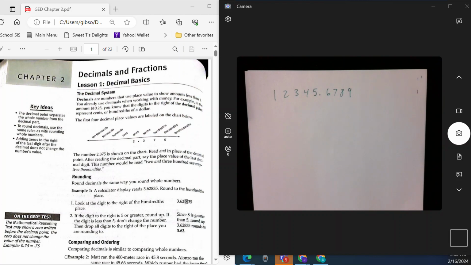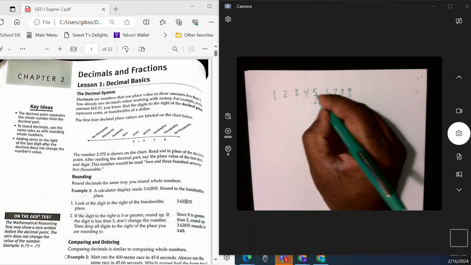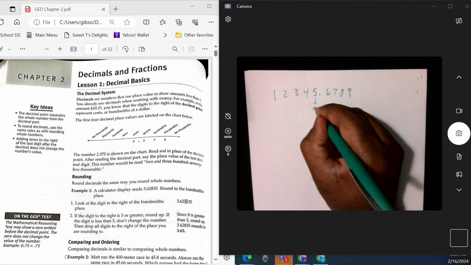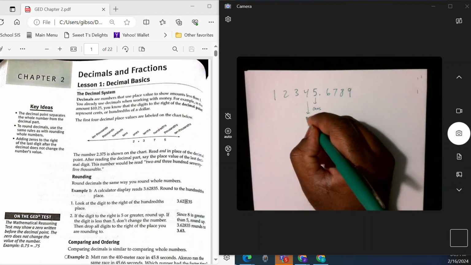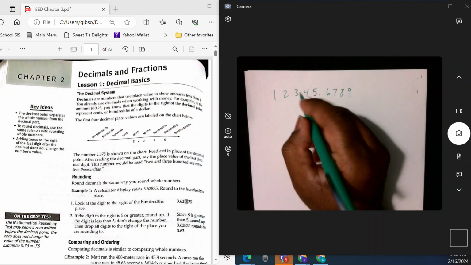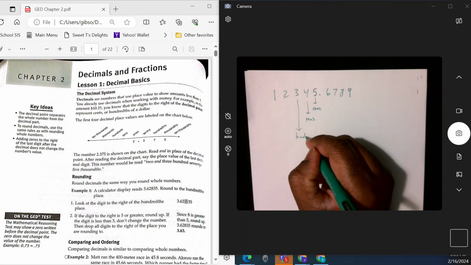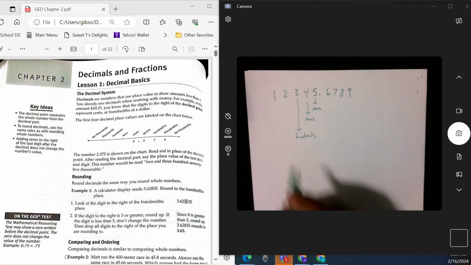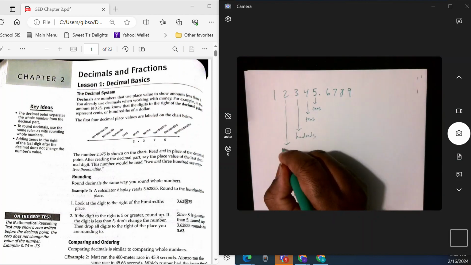So in chapter 1, we notice that this first digit to the left of the decimal is in the ones place. The second digit is in the tens place. The third digit is in the hundreds place. The fourth digit is in the thousands place.